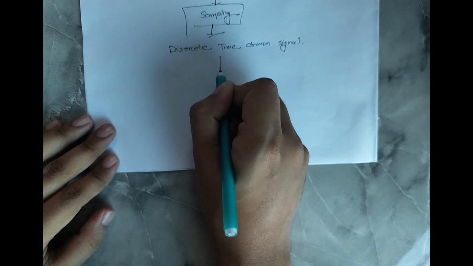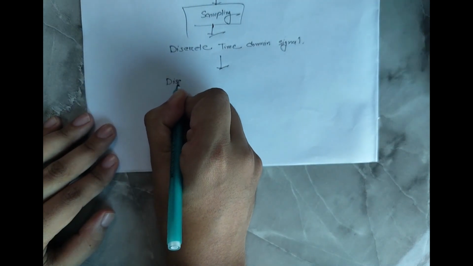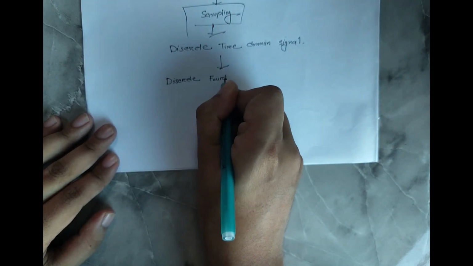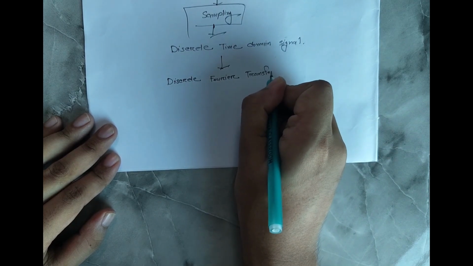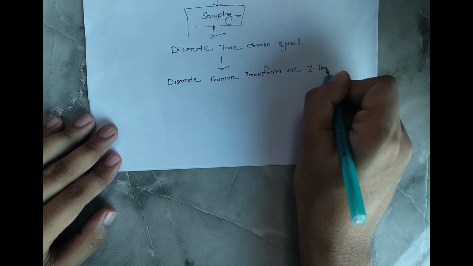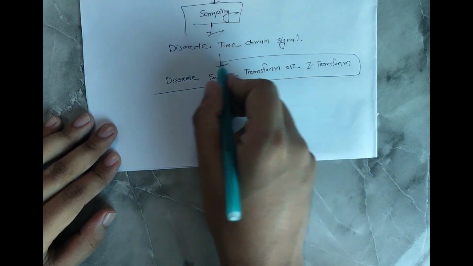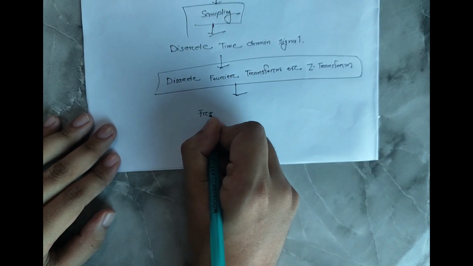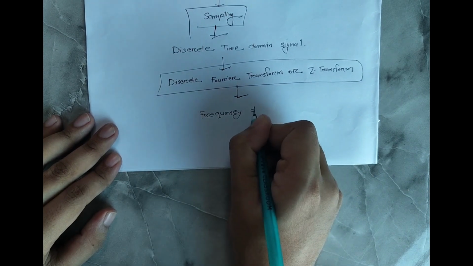And if we apply discrete Fourier transform or Z transform, it will be converted into a frequency domain representation.